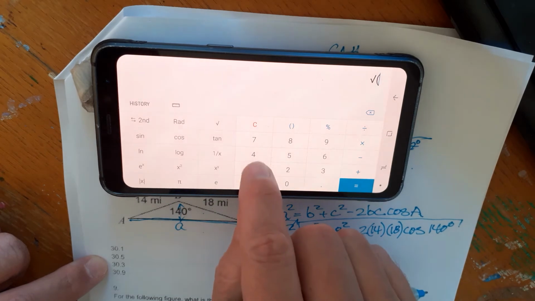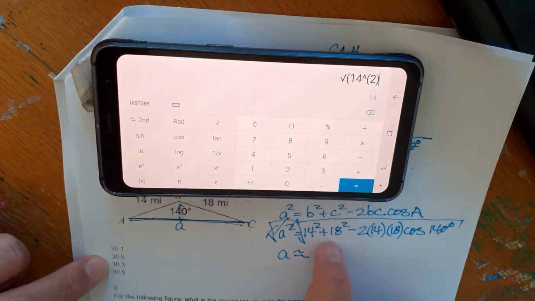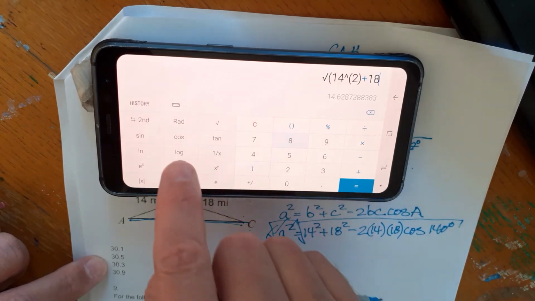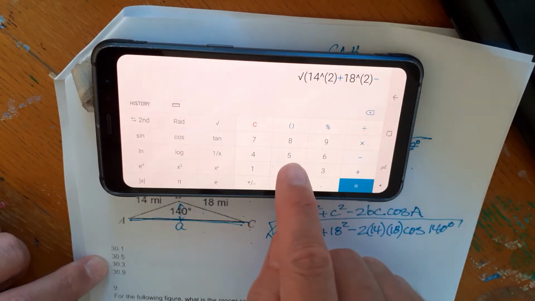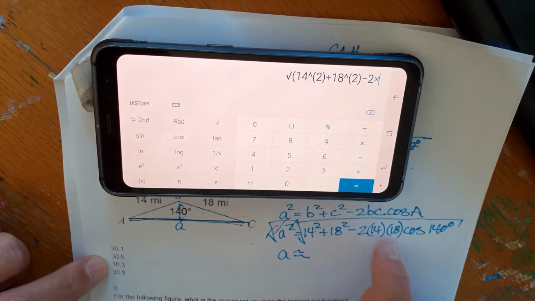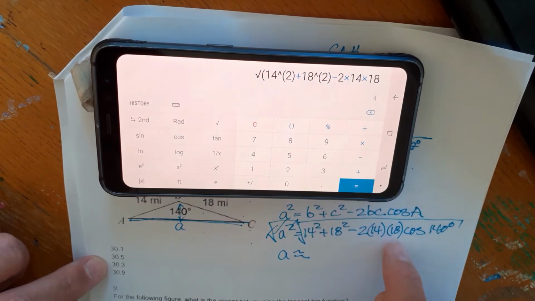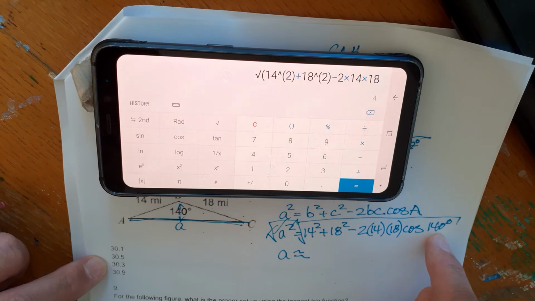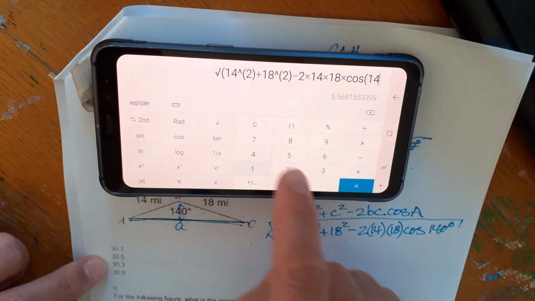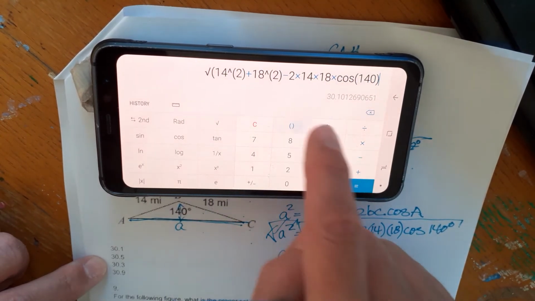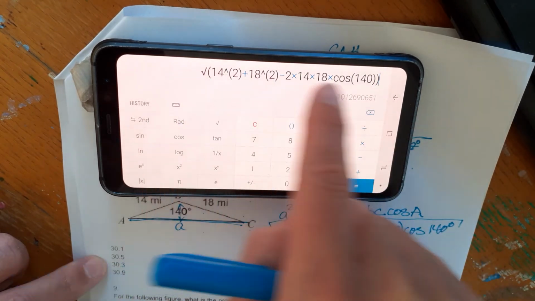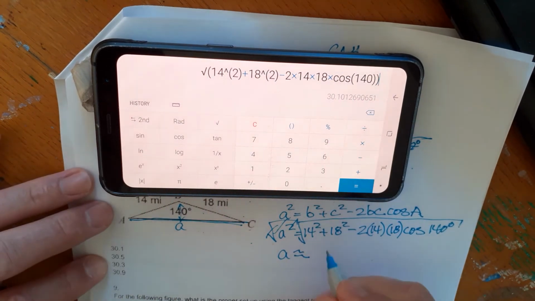Then let's put 14 squared plus 18 squared minus 2 times 14 and 18 again. 14 times 18. And it's going to be cosine of 140 degrees, so cosine 140, parentheses, and parentheses. That'll close in this whole thing here. Notice we have 30.10.